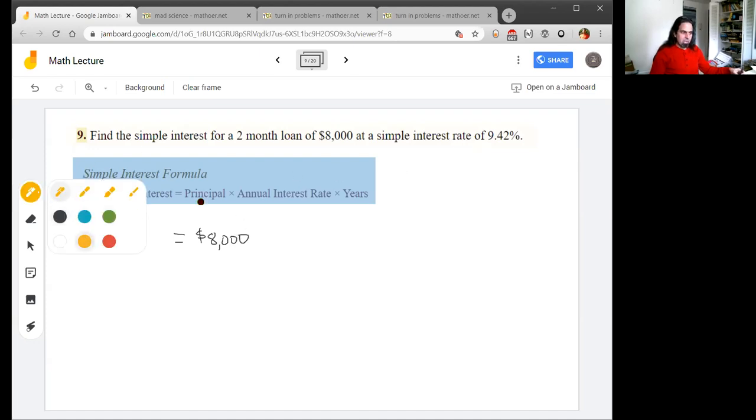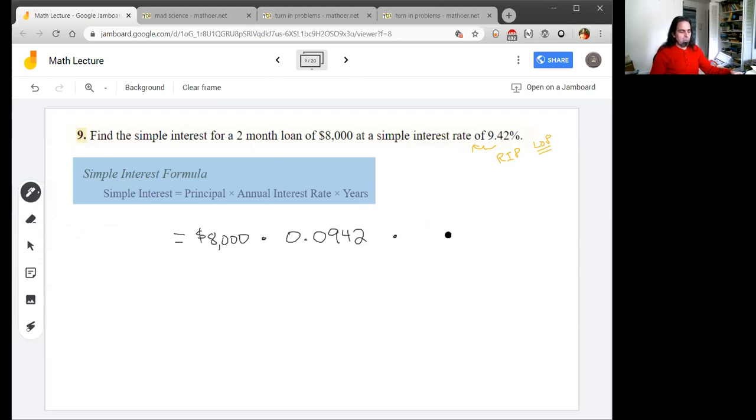The interest rate, well, I need to make this into a decimal. And then the years, I have 2 months.